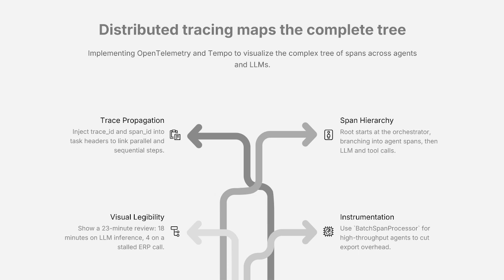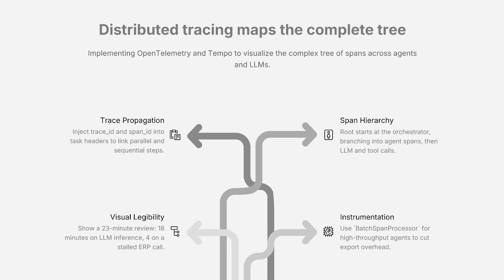Or design trace ID and span ID into the task header to link parallel and sequential steps. We also have span hierarchy. Root starts at the orchestrator, branching into agent span, then LLM and tool calls. That's how you define the span.